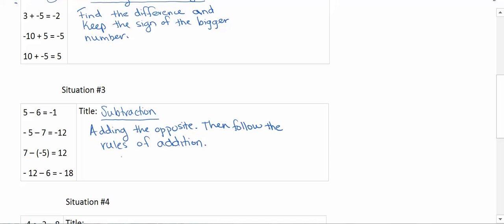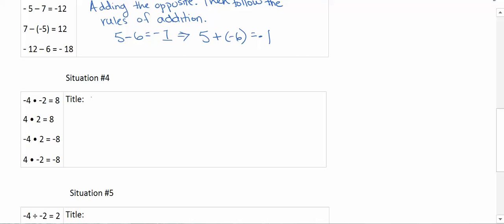So for example, there you see 5 minus 6 equals -1. So if you're adding the opposite, it becomes 5 plus -6. And here you can see you're adding different signs, so find the difference, and then keep the sign of the bigger number.